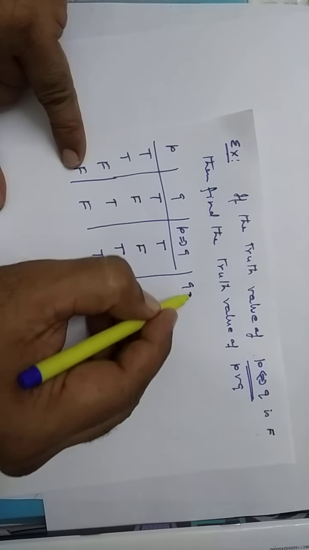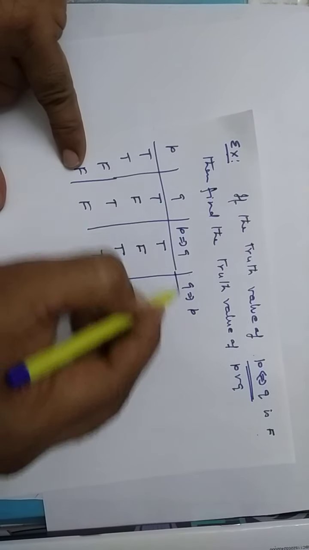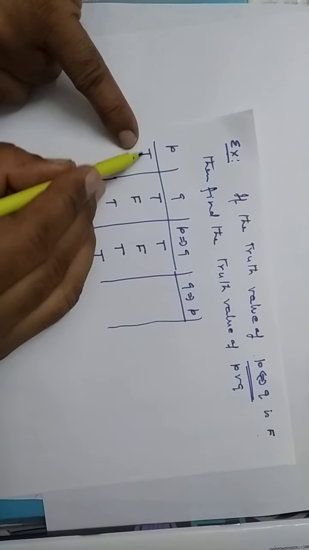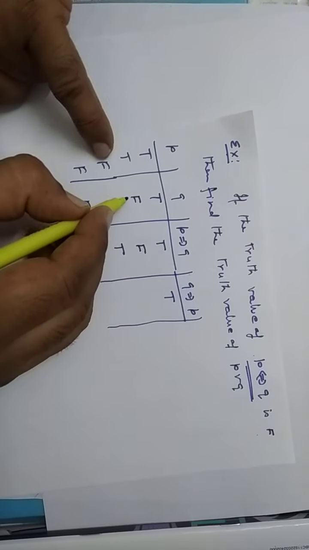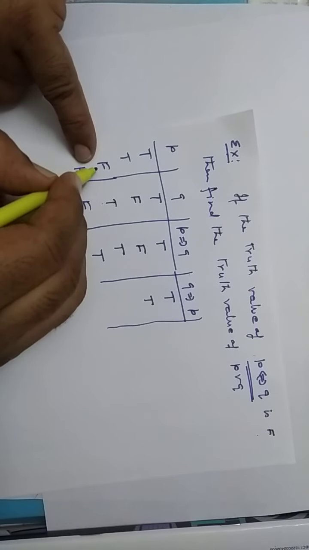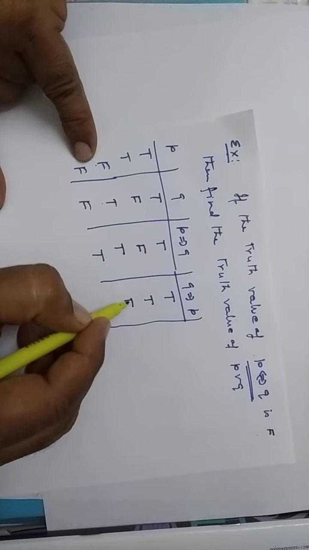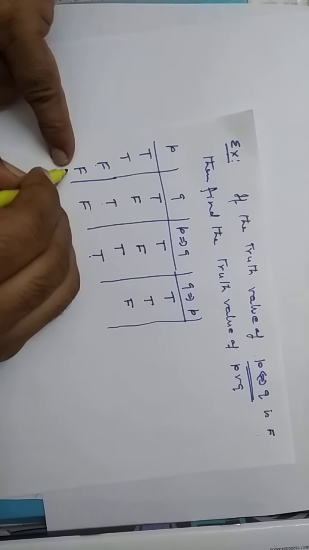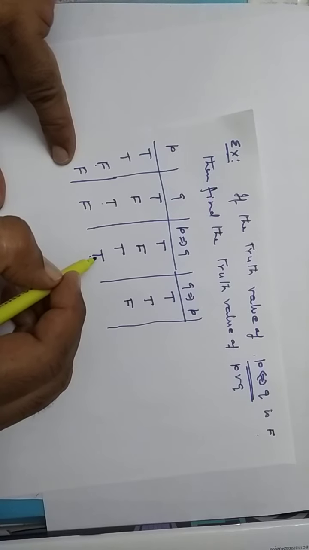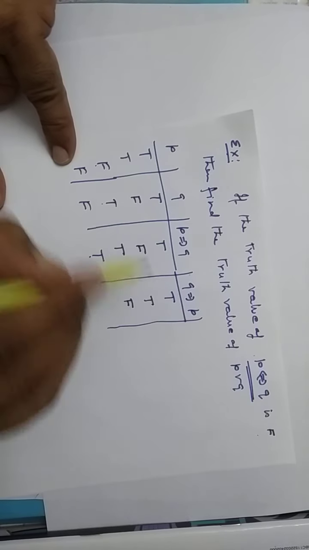Q implies P: true, true, this is true, this is true. This is false, then it is true.